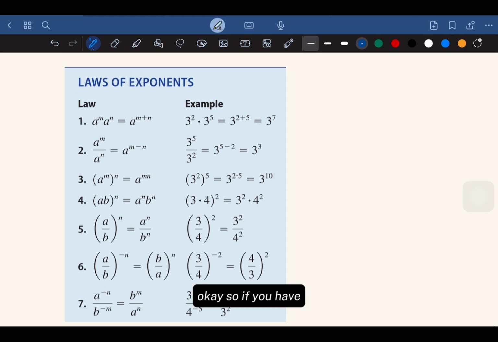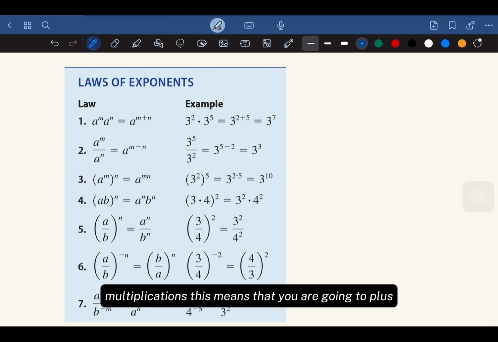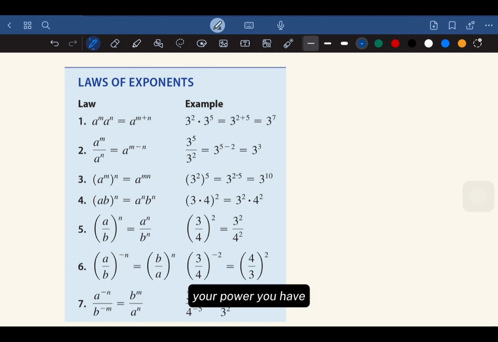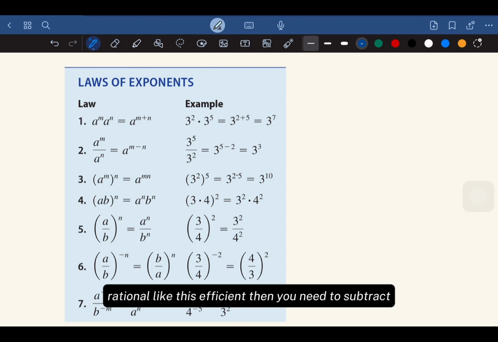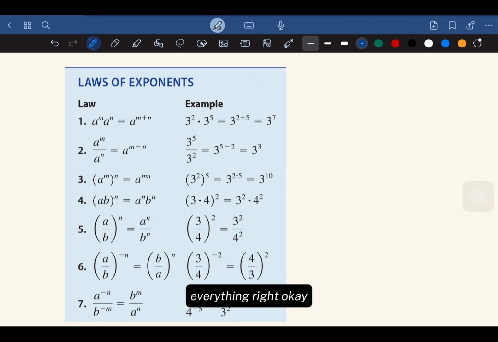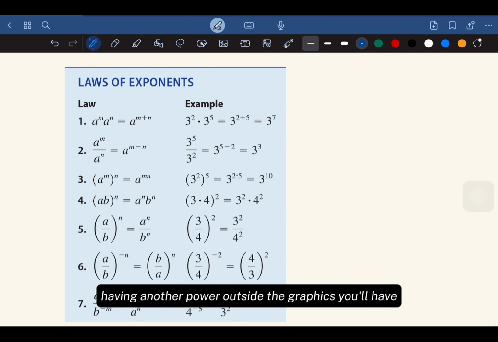Okay, so if you have multiplication like this, it means that you add your powers. If you have division like this, then you need to subtract n from m, right? And then if you have a power and then another power outside the brackets, you multiply the powers, right?